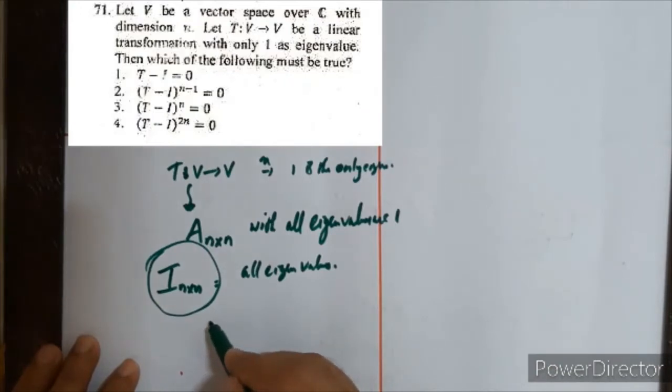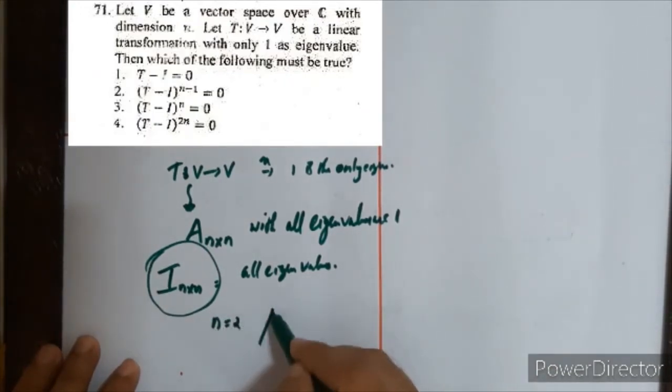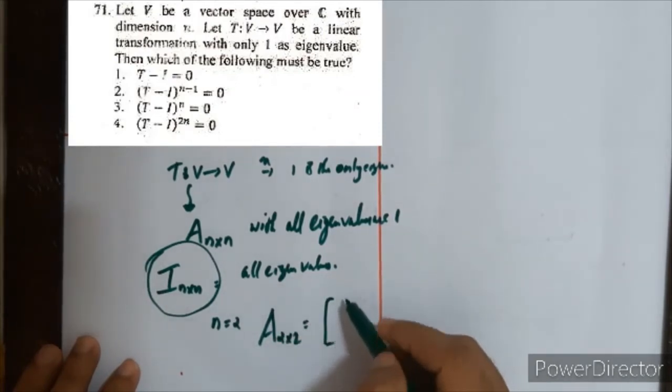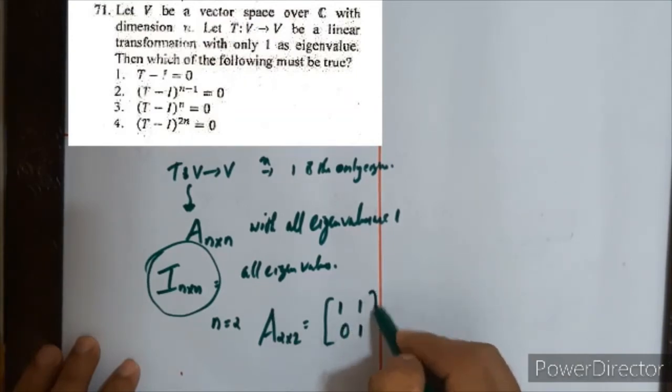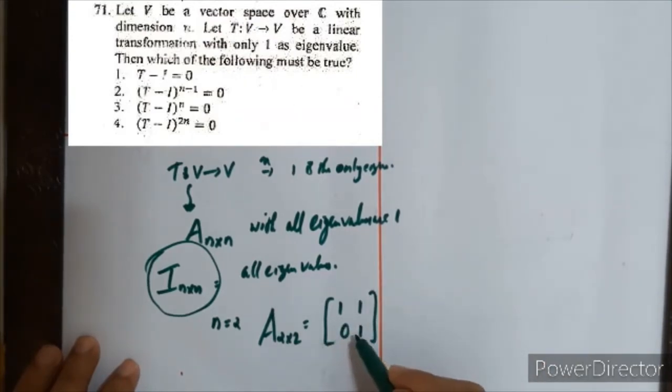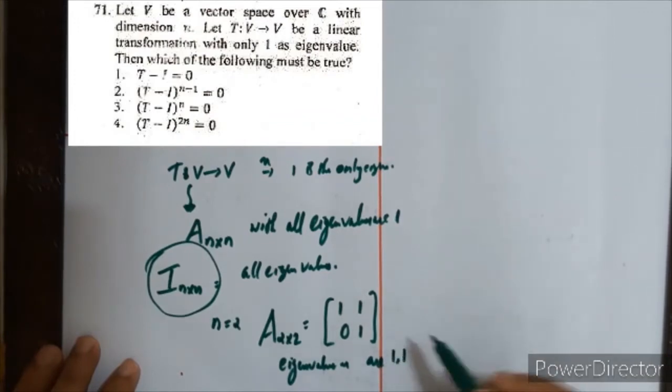If I choose n equal to 2, a 2 by 2 matrix A is equal to 1, 1, 0, 1. So this is a triangular matrix. So eigenvalues are 1, 1. That is the diagonal entries.